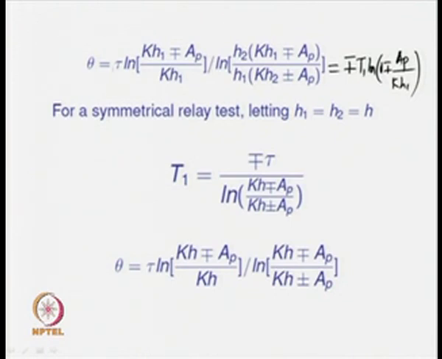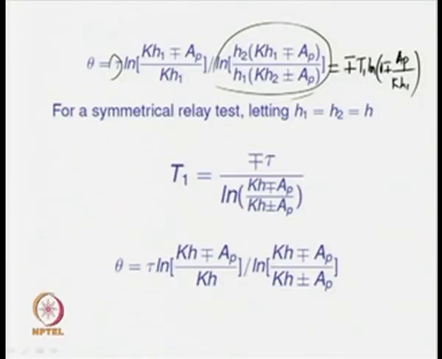T 1 is tau divided by this denominator term. Therefore, the remaining term is this one. Thus, I can get the explicit expression for the second unknown associated with the first order plus dead time transfer function model as either minus plus T 1 ln 1 minus plus a p by k h 1, or in this form.